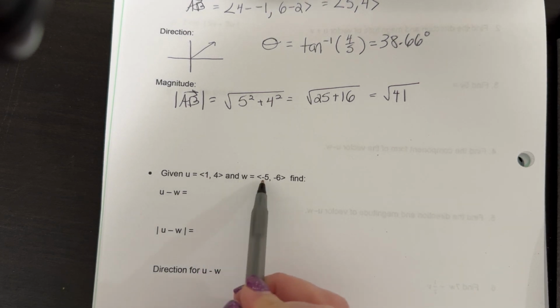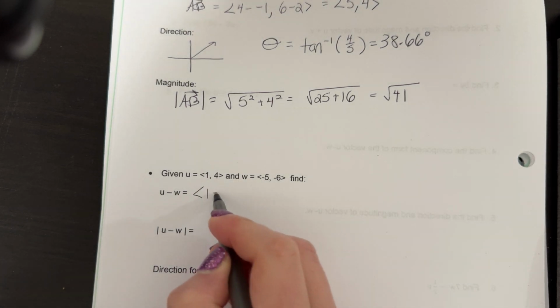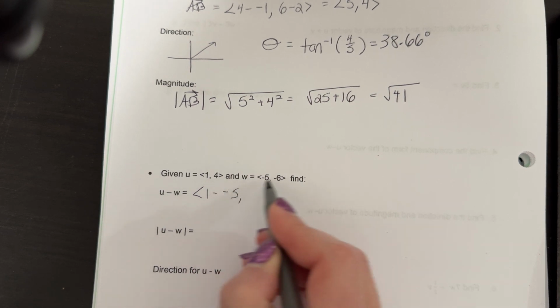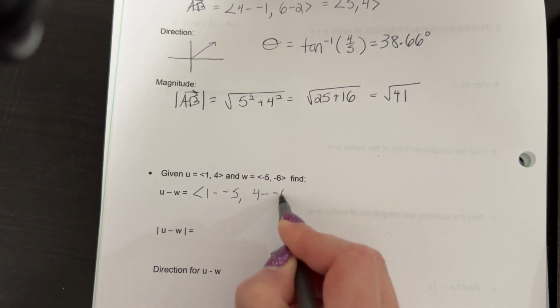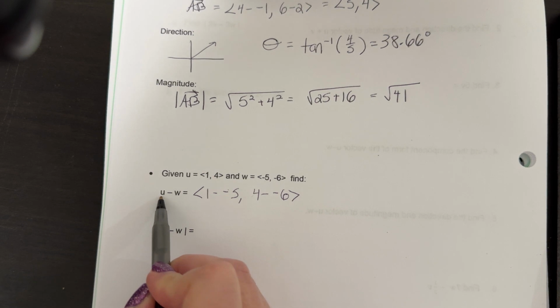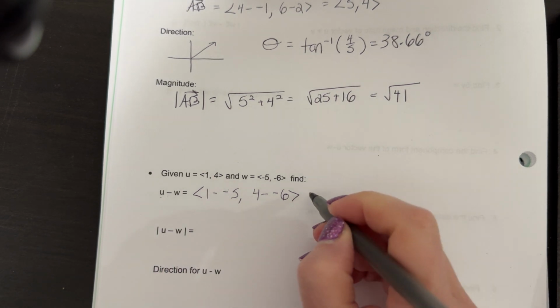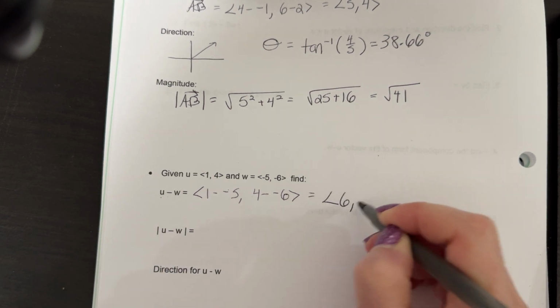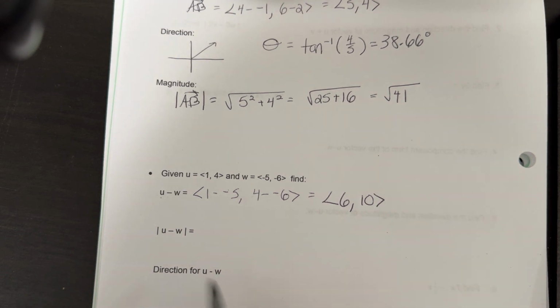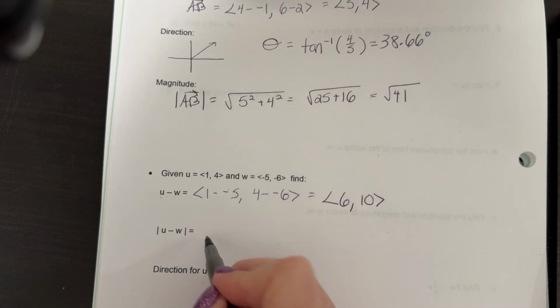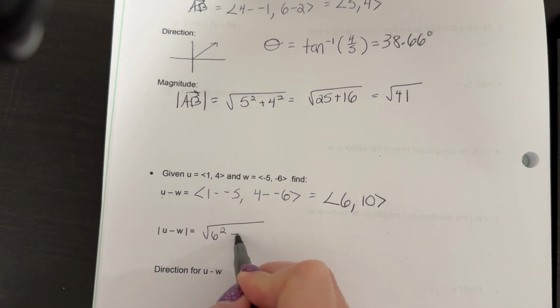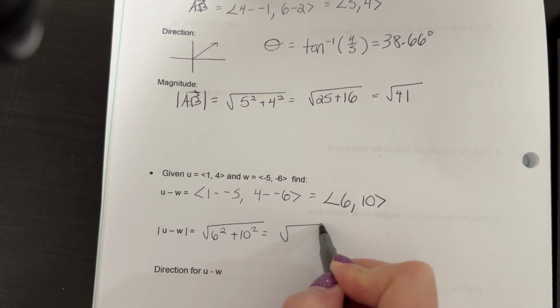So I'm going to do 1 minus -5 and 4 minus -6. It has to be vector u take away vector w. That order matters. These lines mean magnitude, so that's going to be the square root of 6 squared plus 10 squared.